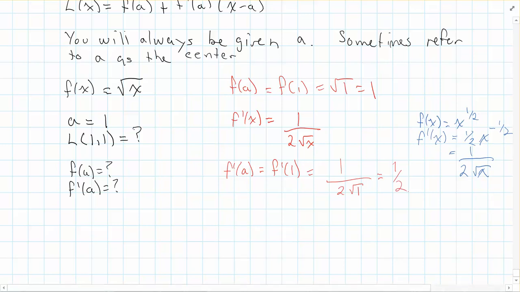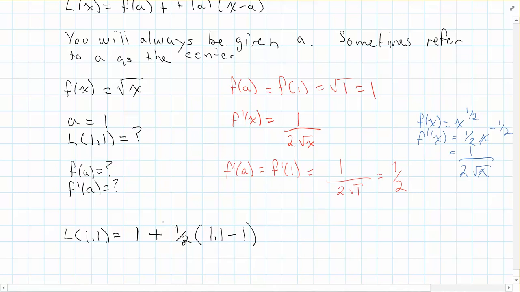And so then I'm ready to figure out my linear approximation. The linear approximation at 1.1 would be f at a, so it's 1, plus f prime at a, which is 1/2, and then x is 1.1, my a is 1.